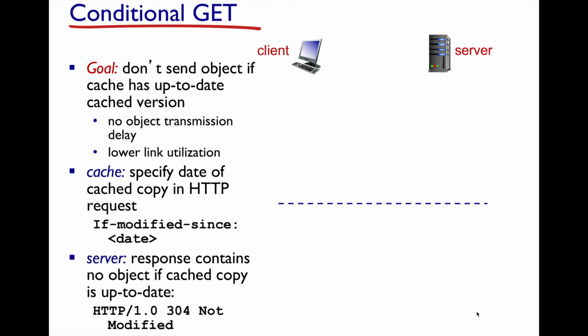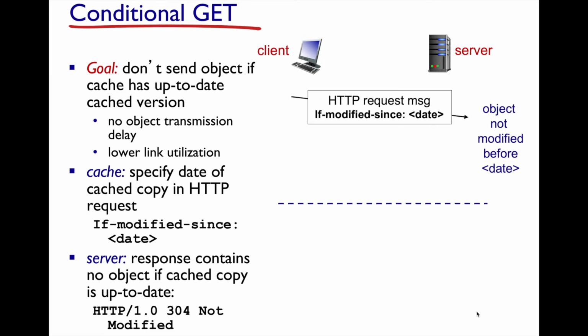So here we have a client and a server, and the client sends an HTTP GET request. It also includes a header line entry if modified since, with the date, which is the current timestamp associated with the object of interest in this HTTP GET request. Then the server takes this if modified since date and compares that timestamp against the timestamp of the file on its local drive.